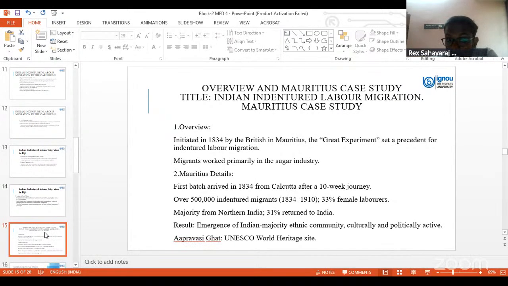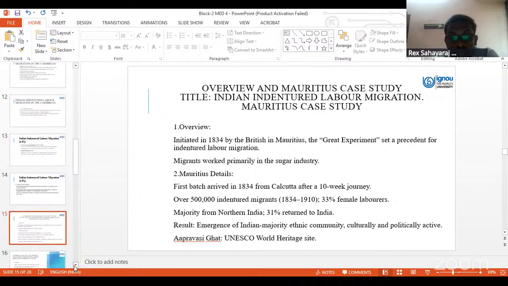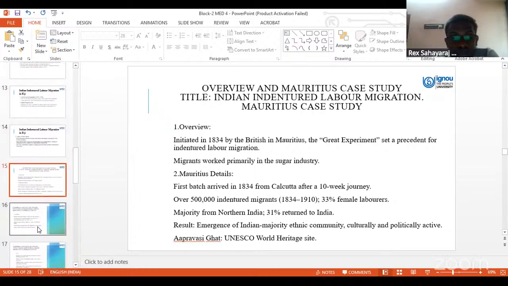The first batch arrived in 1834 from Calcutta after a 10 week journey, and around 5 lakh indentured migrants, with 30% female laborers, mostly from northern India, came, and 30% returned to India after their contract. The result was the emergence of an Indian majority ethnic community, culturally and politically, and it is now considered a UNESCO World Heritage Site, because the total population of Indian laborers there is high.